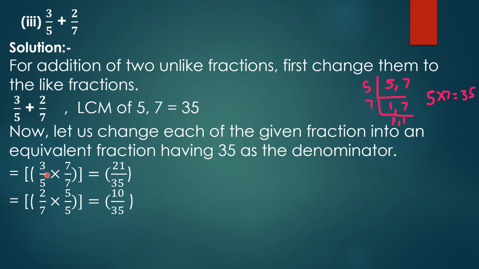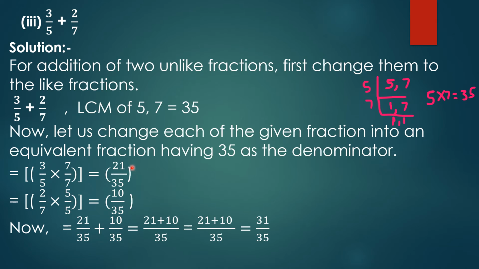converting unlike fraction into like fraction. And next, 2 by 7 into 5 by 5, because the denominator already we have 7 and this is to be 35, so it should be multiplied by 5, and multiply the numerator also. So this will become 2 into 5, 10, and 7 into 5, 35.